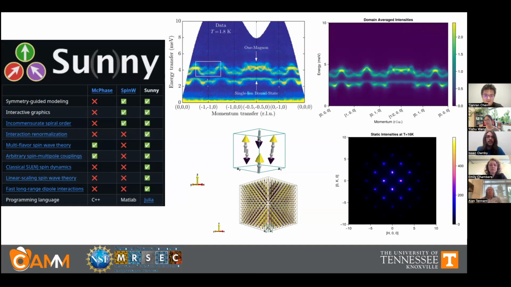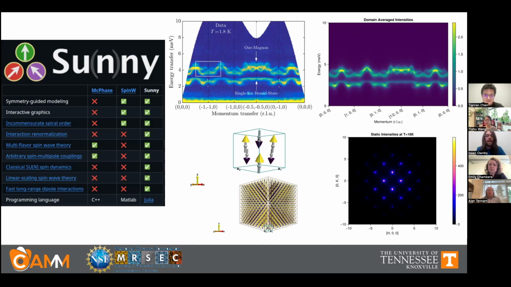As you can see from the top two plots, we have real inelastic neutron scattering data on the left, looking at magnon dispersions in, I can't remember what material it actually is. It's on GitHub, so this is all in the tutorials. You can code this up yourself by just going to GitHub and learning the code.